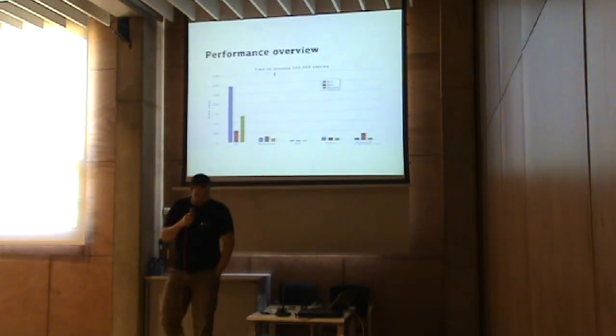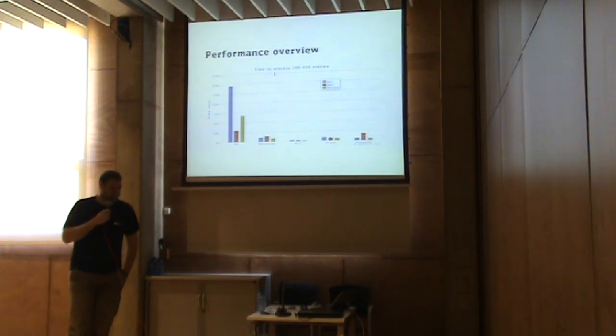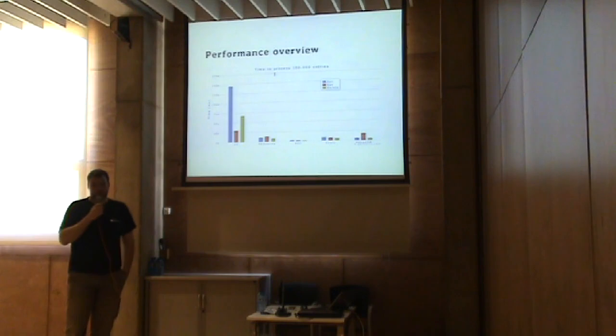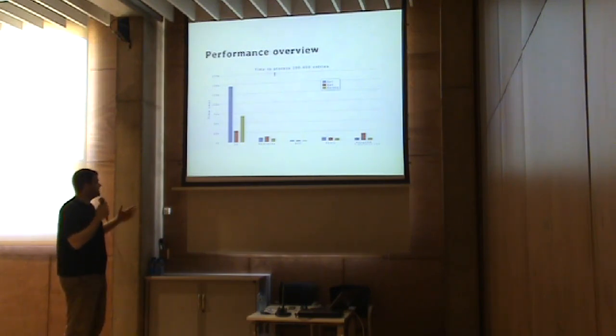I've done a bit of performance overview. It was a simple benchmark, so we could discuss if I could have done it better, but for the general impression, it's okay. I saved 100,000 items, I fetched 100,000 items, and I deleted 100,000 items.